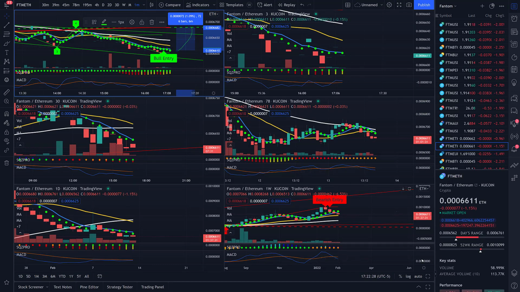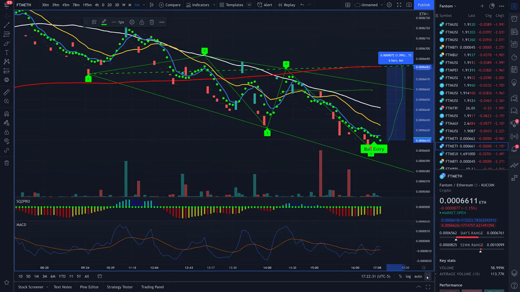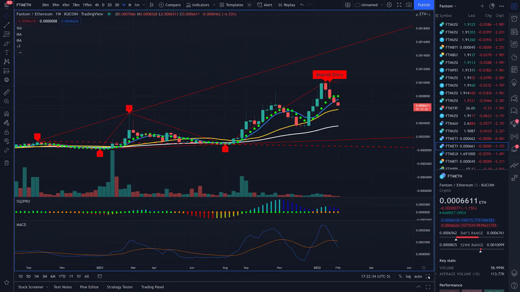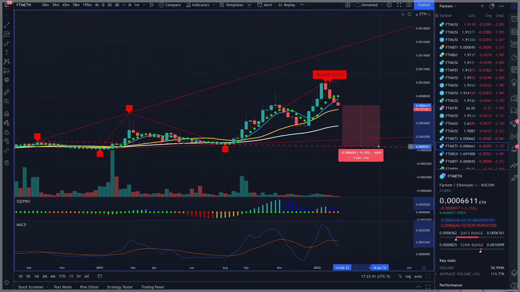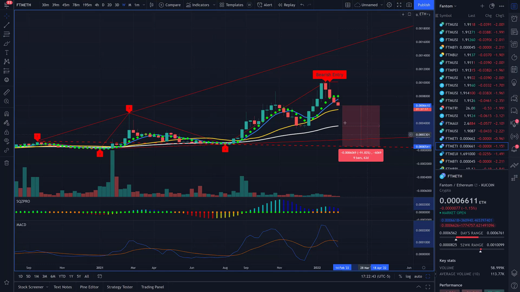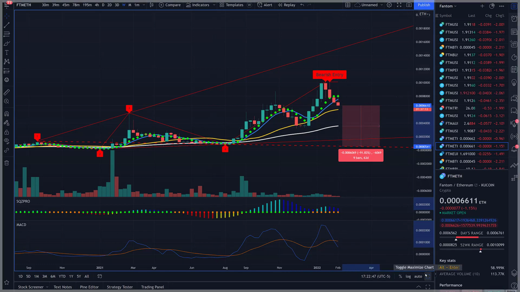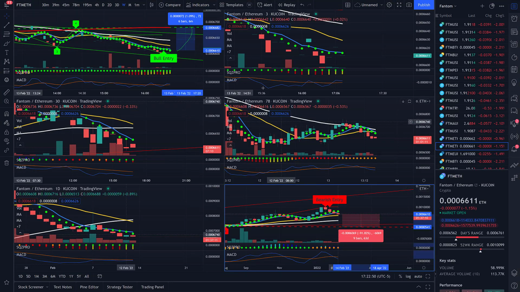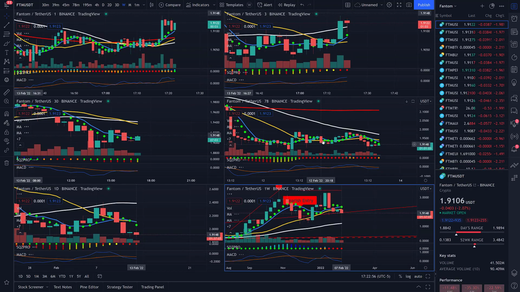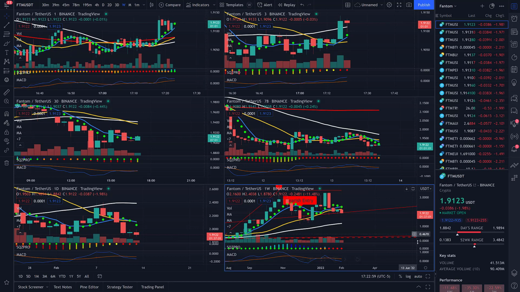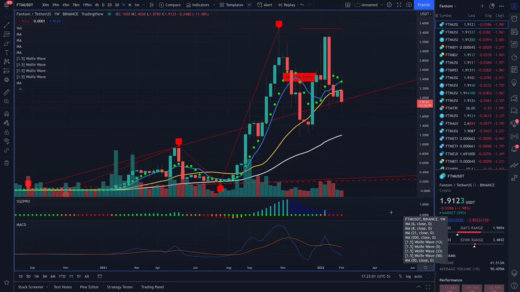Okay, so when you look at the weekly time frame, for example, measuring the move from here to here, it's a 91% drop. I don't know if you have any methods of shorting Phantom, but that's a pretty big dump. It looks like Phantom is just dropping, and we don't know how much longer it's going to drop.